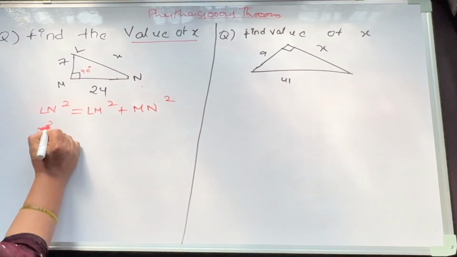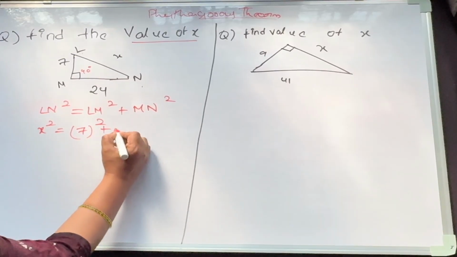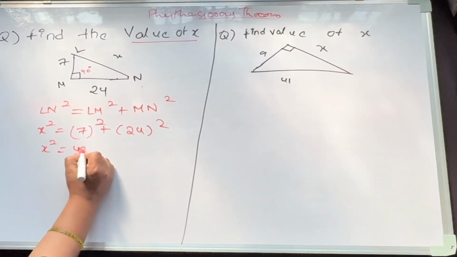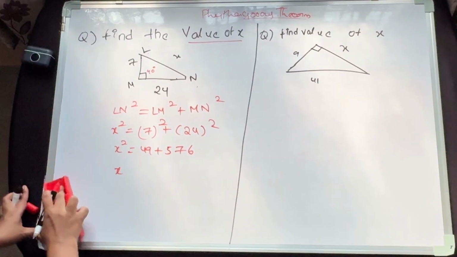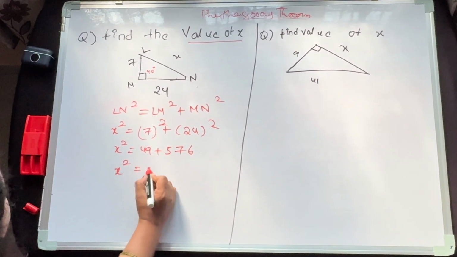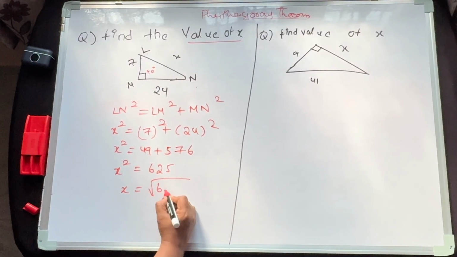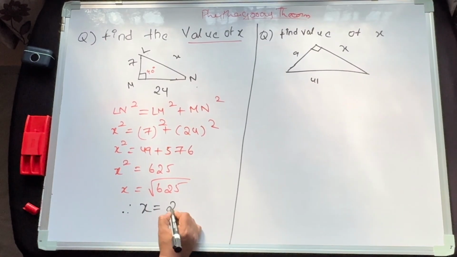LN is x, and LM is 7, whole square, plus MN is 24, whole square. X square is equal to 49 plus 576. See, x square is equal to 625. This is x is equal to root of 625. Therefore, x is equal to 25.